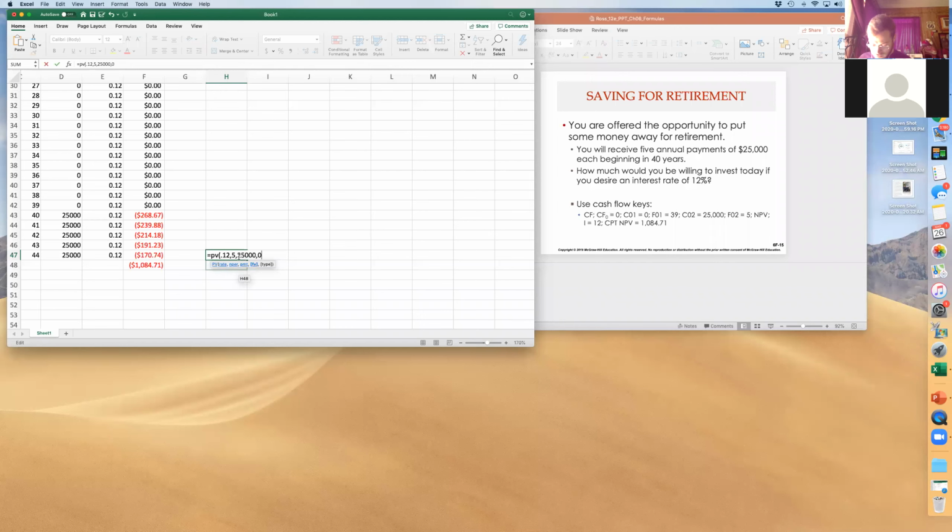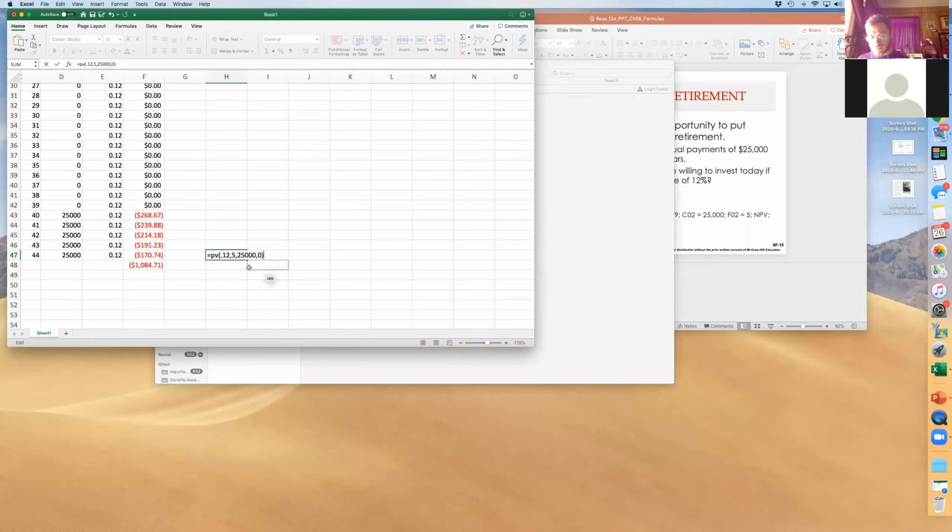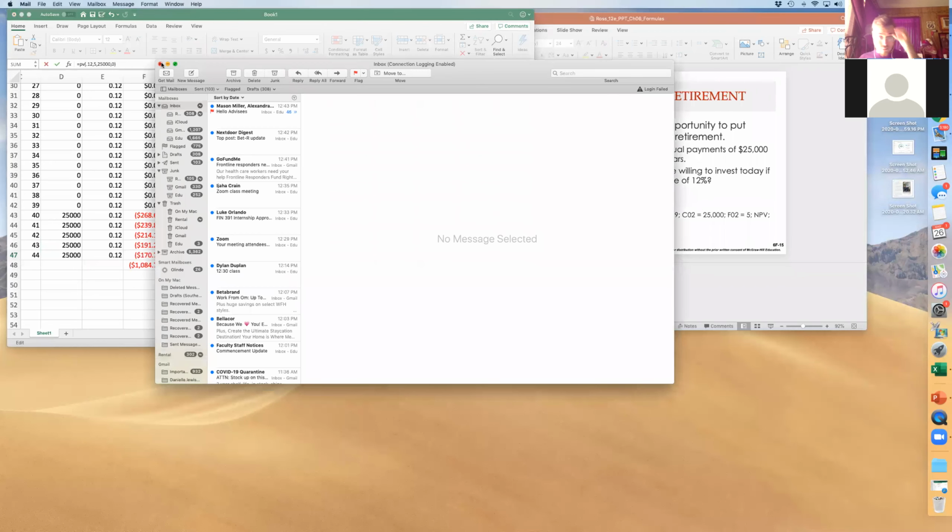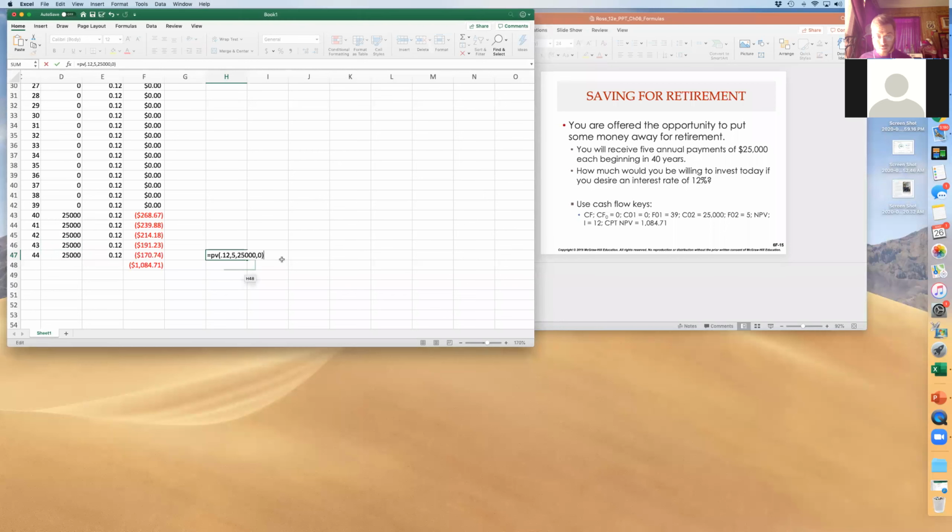So how Excel sees that is that it's going to take $25,000 equal payments over the course of 5 years, starting in period 40. So these 5 cash flows, and then it's going to calculate the present value, but it's not going to calculate it at time period 0.